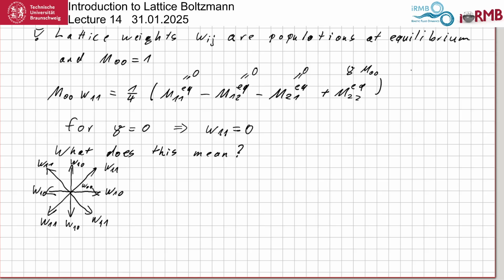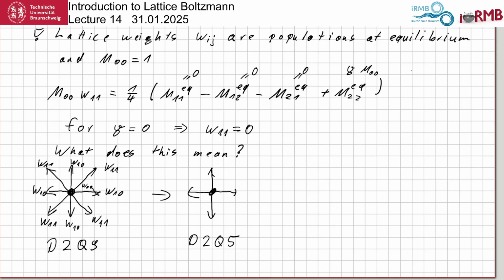So if this is D2Q9, and W11 disappears, we should try to draw it like this. Let's say we have the 0 part too. So if W11 is 0, then we go to a smaller lattice.